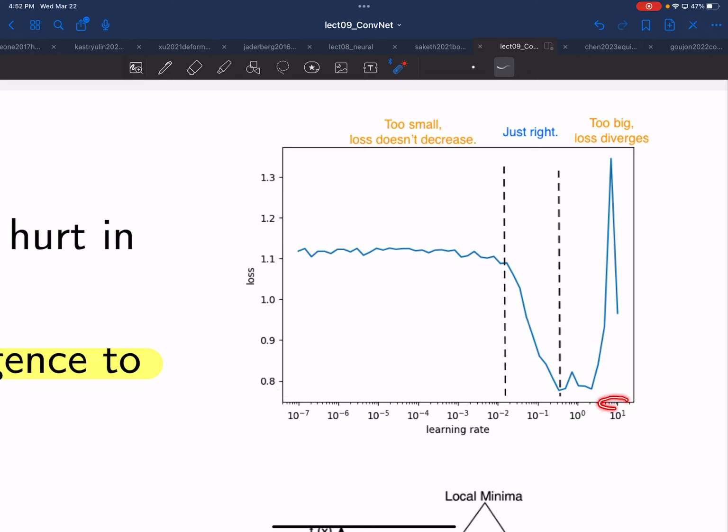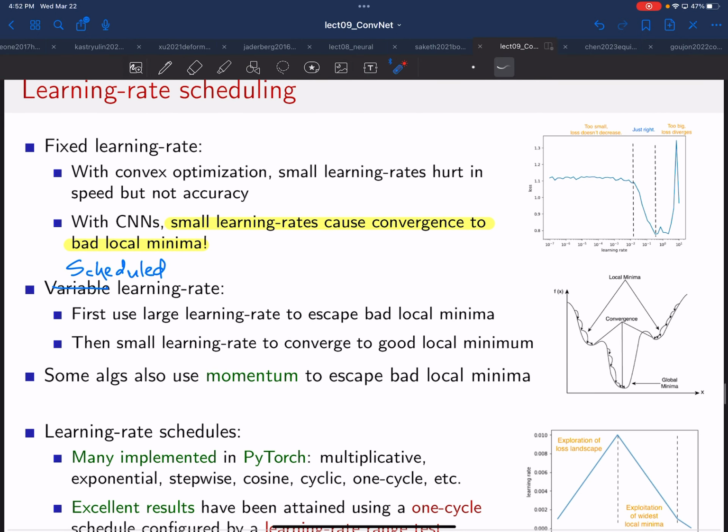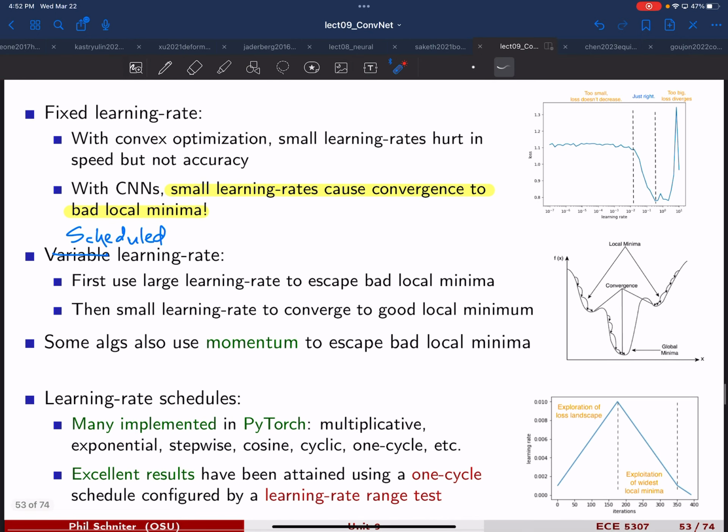Now, if you go beyond that and you use learning rates that are very large, you have trouble, it diverges. So there's sort of a sweet spot here. And there's particular ways to try to find what is this range. So this learning rate range test is one of the ways to do that.